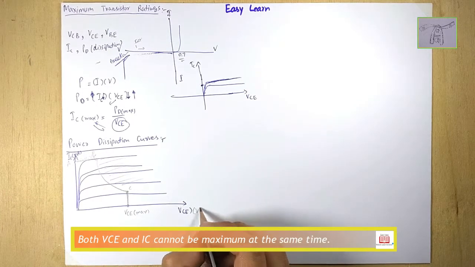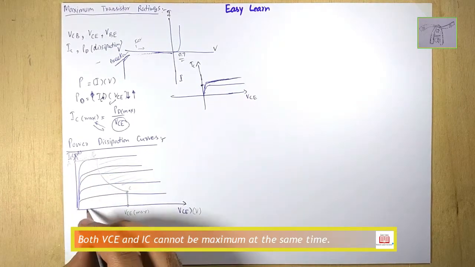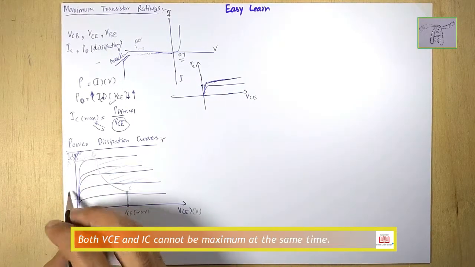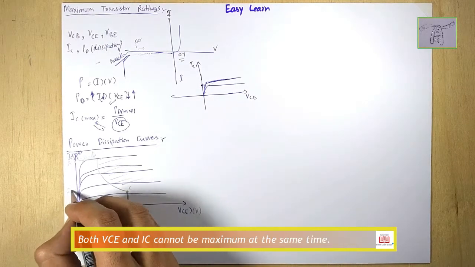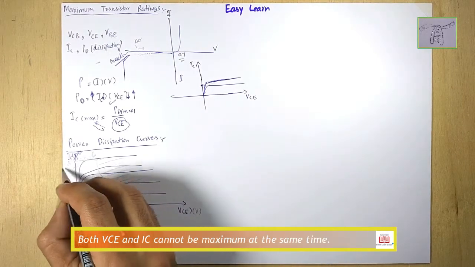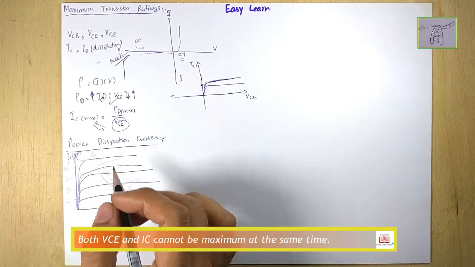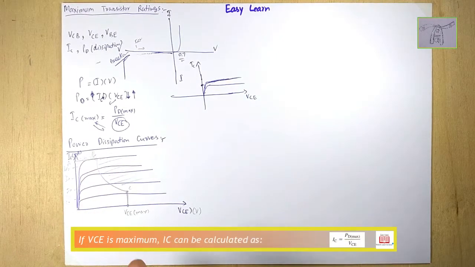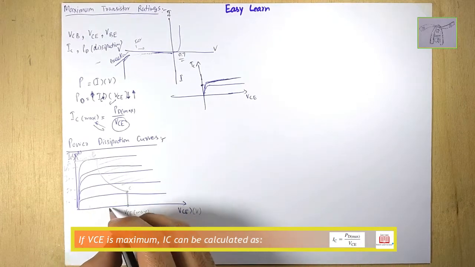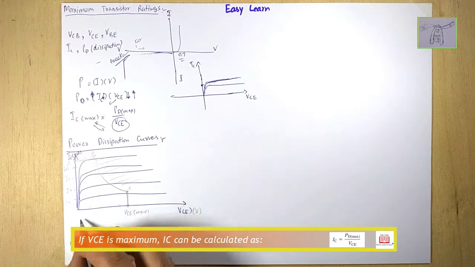This VCE is in volts, and this is in milliamperes, and I'll mention, for example, 10, 20, 30. I will explain this power dissipation curve when I teach you about the transistor data sheets in the next episode, and these points are available over there.